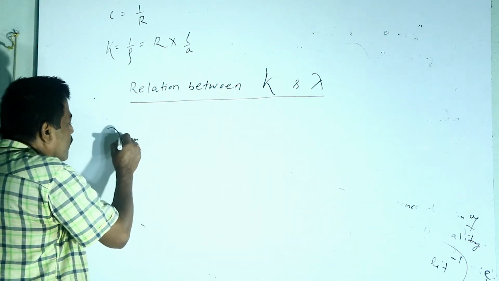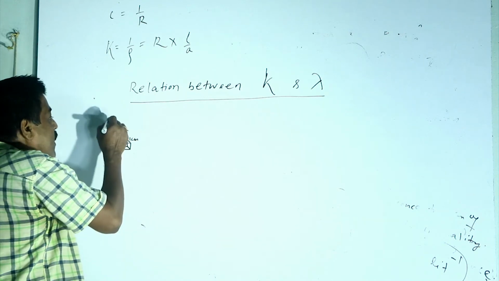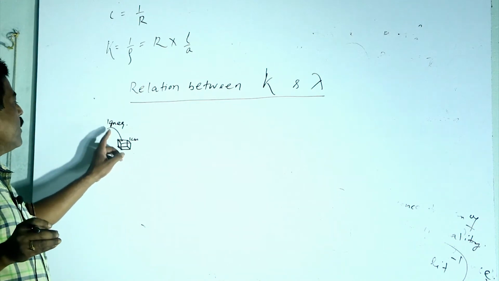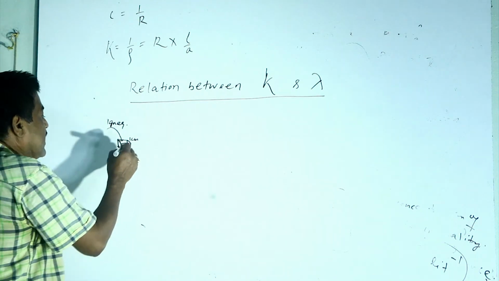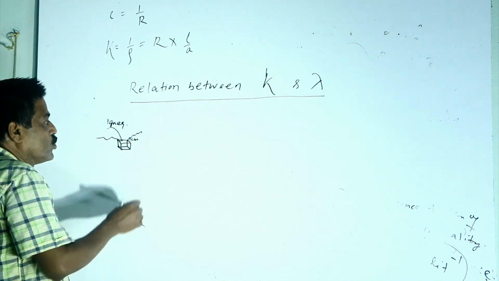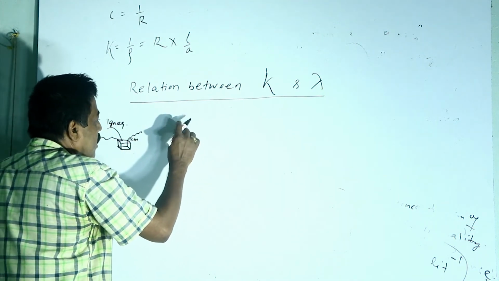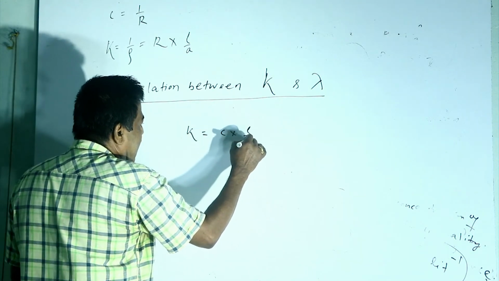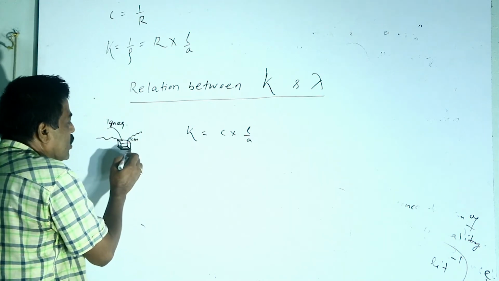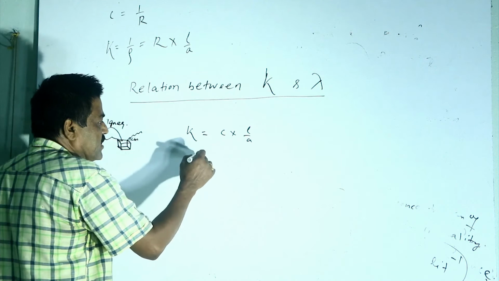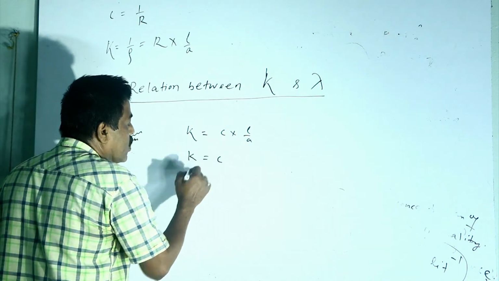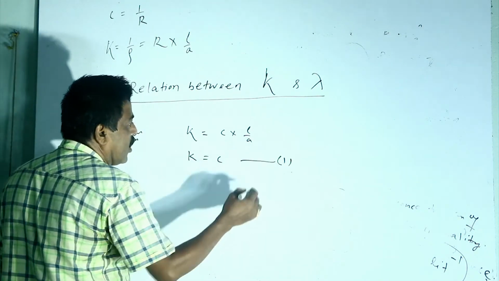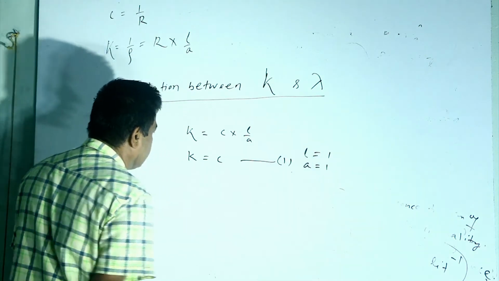In this unit cube we keep 1 gram equivalent mass of an electrolyte and measure the conductance. The conductance and the specific conductance are related by kappa equal to C into L by A. So here, because length, breadth, height are 1 centimeter each, the specific conductance is equal to the conductance, because L is equal to 1, A is equal to 1.